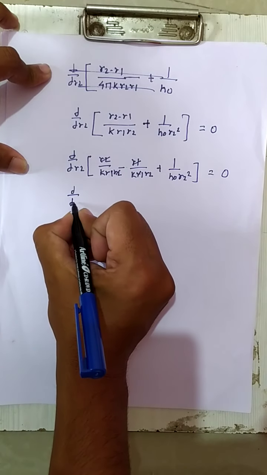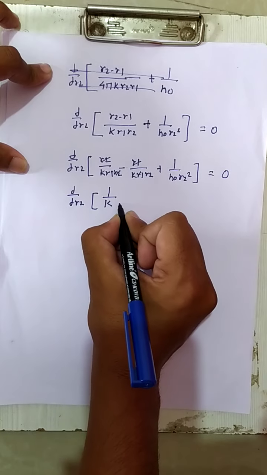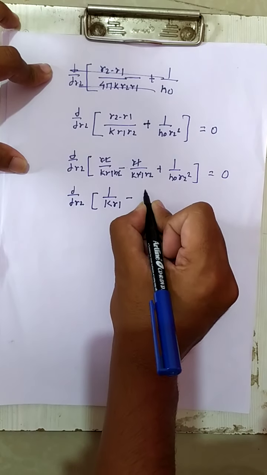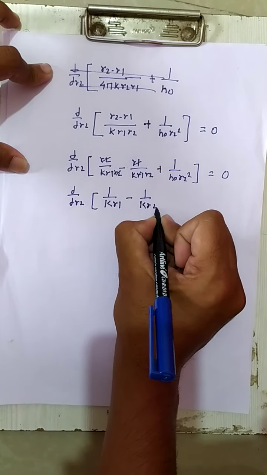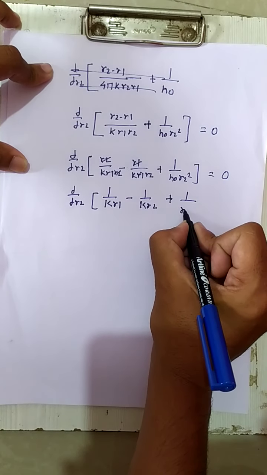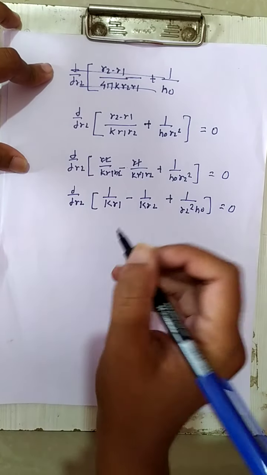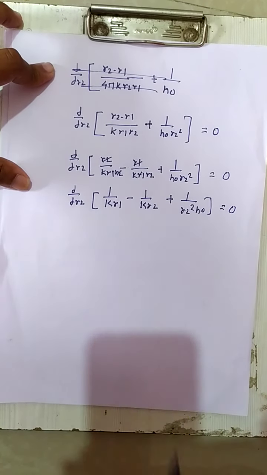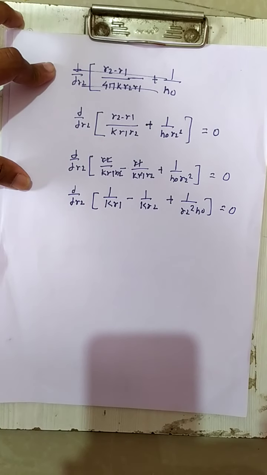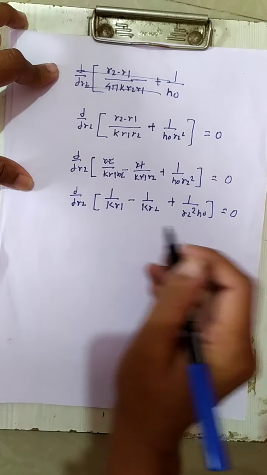This equation becomes d by dr2 of 1 upon k r1 minus 1 upon k r2 plus 1 upon r2 square into ho is equal to 0.